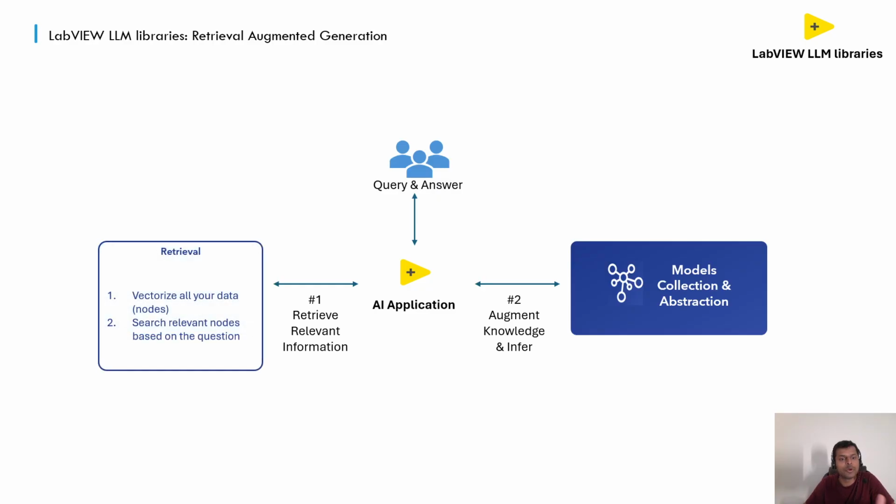One is you have to vectorize all your knowledge into nodes. I'll explain what that means. The second is how you can search and retrieve the relevant nodes from all these vectorized nodes. These are the two steps, so I'll explain that using LabVIEW.